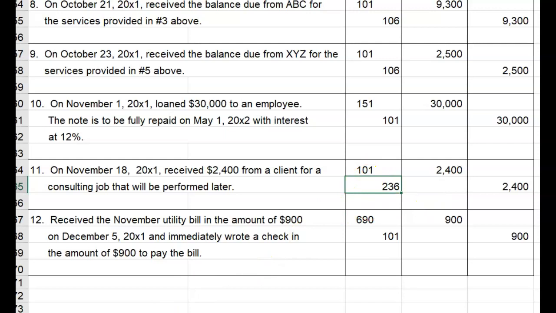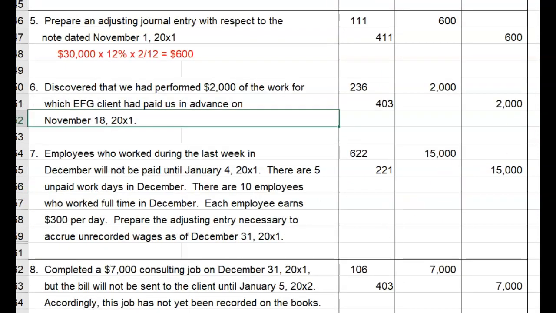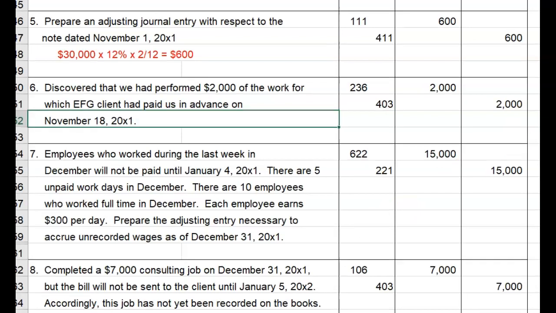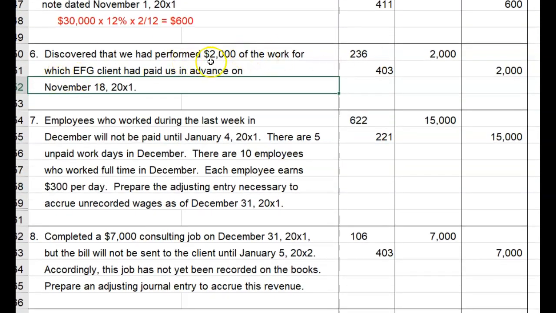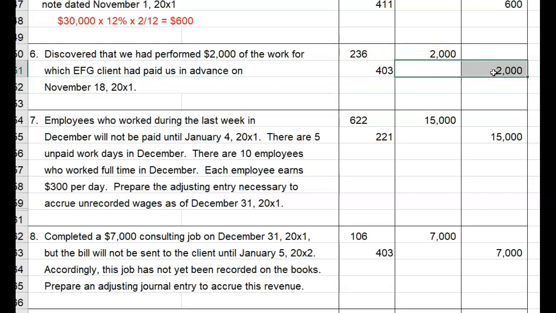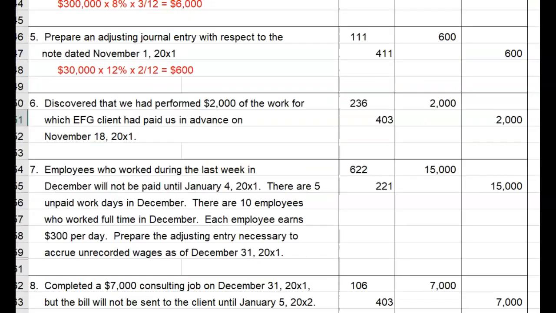So our adjusting entry then is to see how much has actually been completed. And it says that $2,000 worth of the work has actually been completed as of December 31st. So we have to reduce our liability by debiting deferred revenue, account 236 for $2,000, and recording earned revenue, account 403 for $2,000.